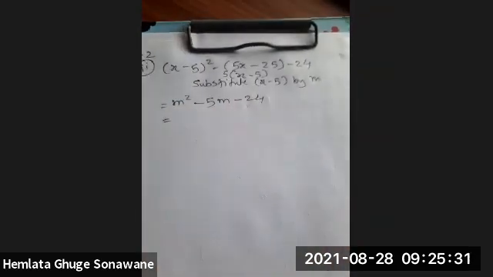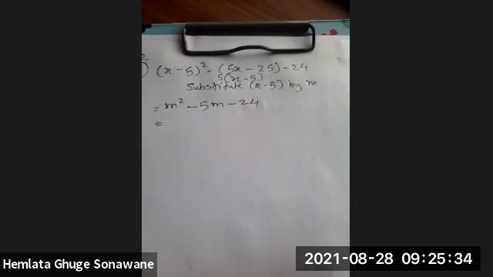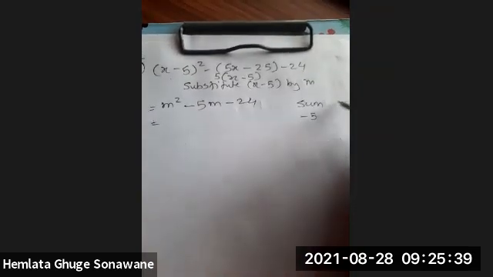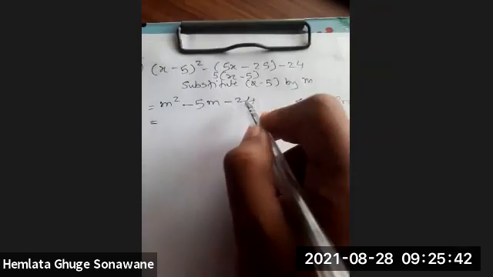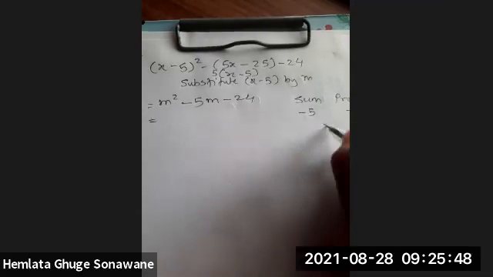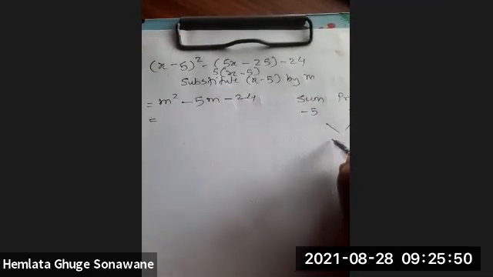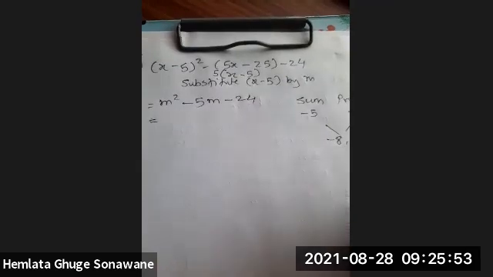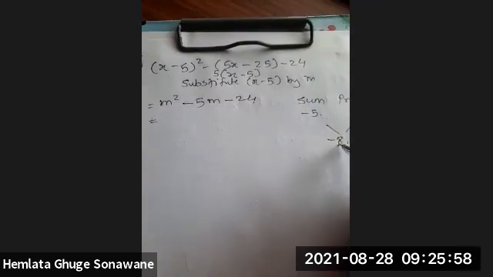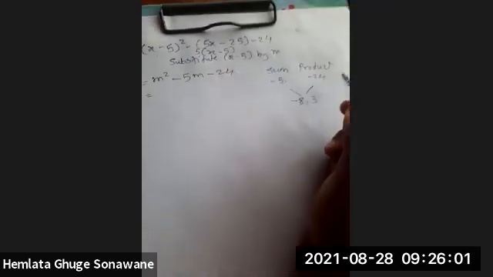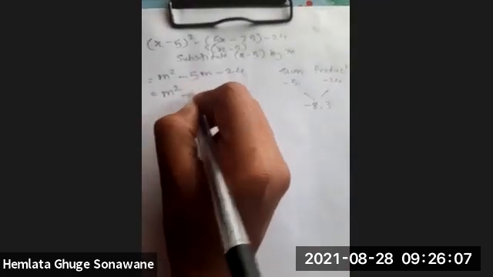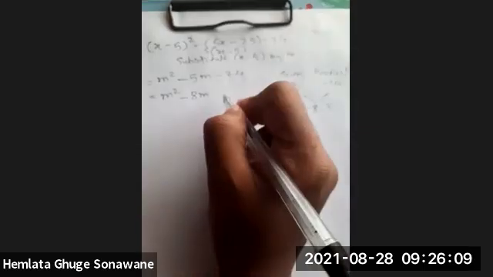Now again we have to find two factors whose sum is minus 5 and product is minus 24. So we take now factors as minus 8 and plus 3. That is, minus 8 plus 3 becomes minus 5, and the product of minus 8 and 3 is minus 24.